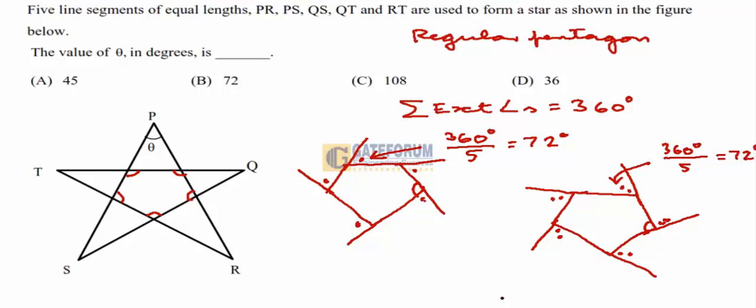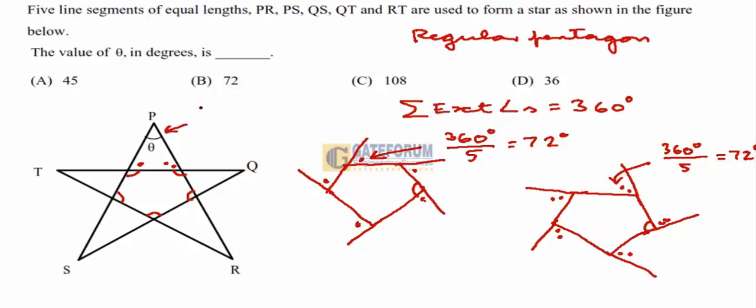Now, let us not forget that in this diagram, this is one of those external angles and this is the second external angle. So both of these are now 72 degrees. So what will be theta?